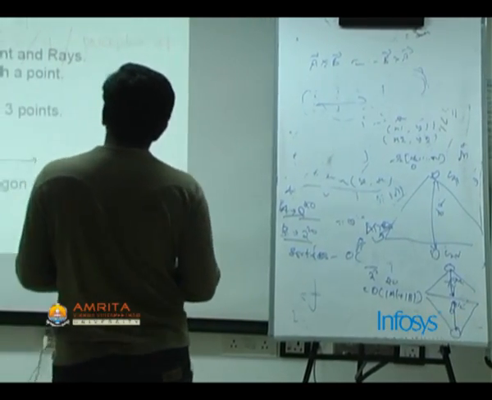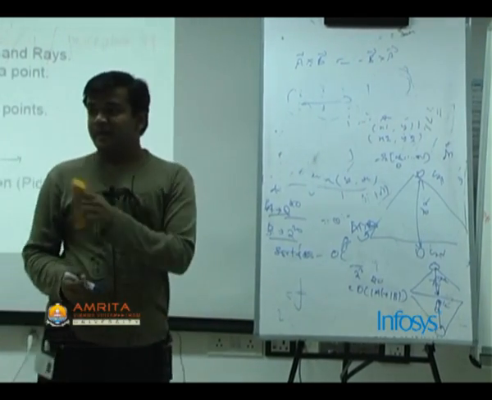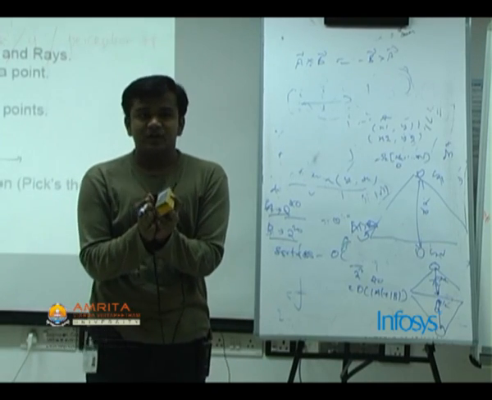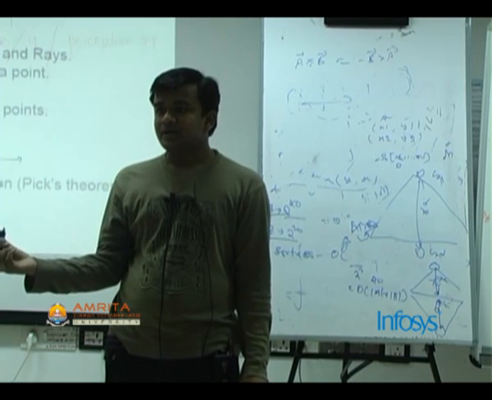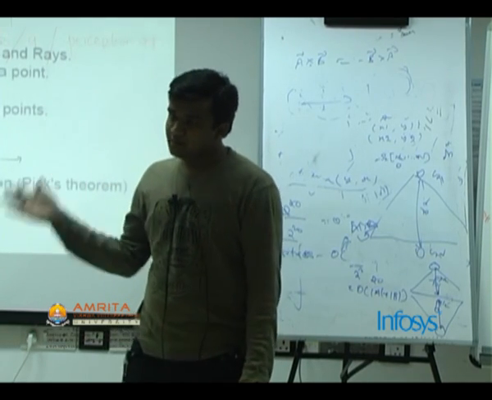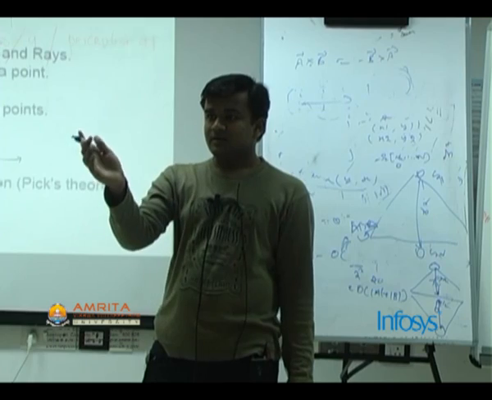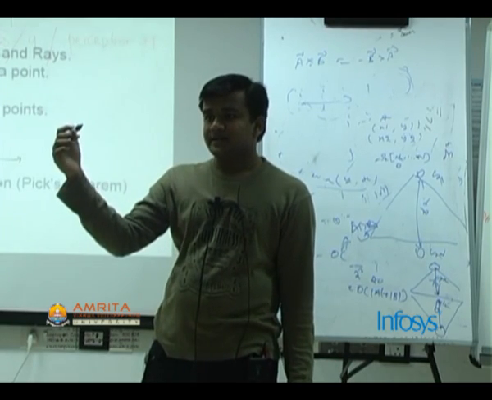So the first thing which we will try to solve is line point distance. If you are given a line in the form of 2 points, and you are given another point, you want to find out the distance of this point from the line, which is represented by these 2 points.